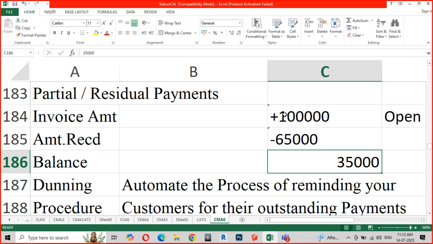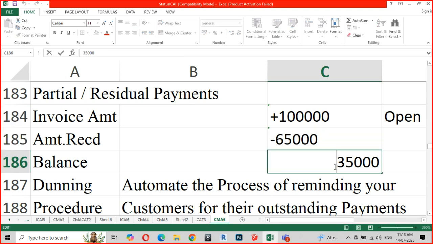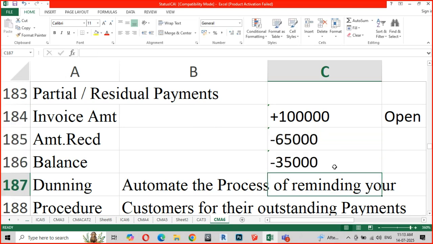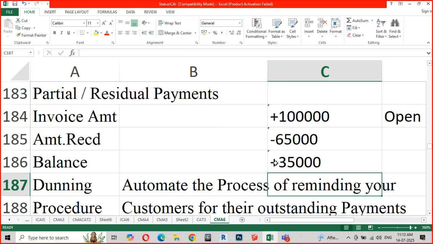Both these items will not appear, but only the balance of 35,000 as an open item will be shown in the system.